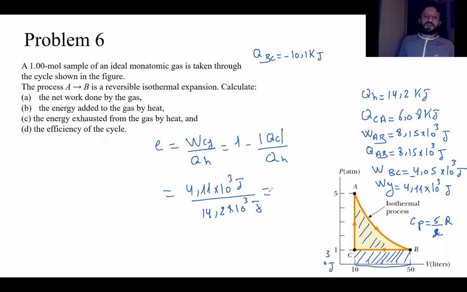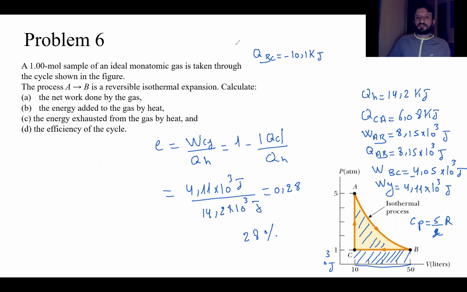The value must be less than 1. It's 0.28, or you can say 28% efficiency of this machine.